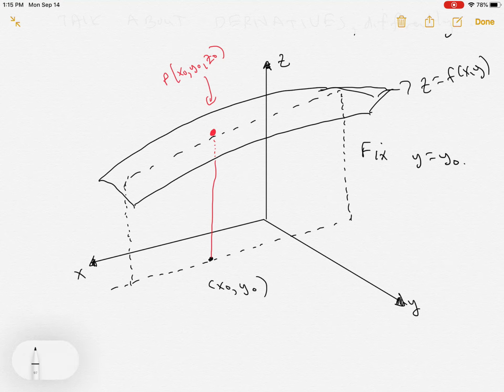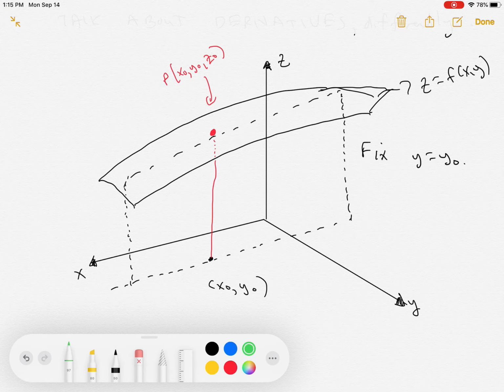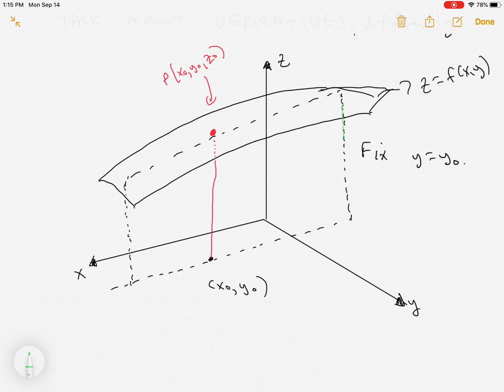Maybe I could use some color here, green. And actually along here it should be solid because we're actually on the curve. So this heavy green line is where the plane y equals y naught, which is fixed, right?